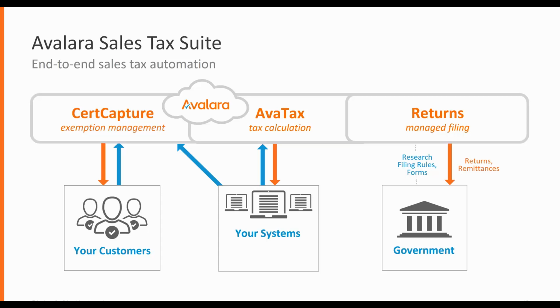Basically, where is the product coming from? Where is it going to? Do I have a resale certificate on file? Is it a tax holiday? Is this product even taxable in general? It'll ping up to the cloud, bring all that information back in less than a second, basically real time, and make sure that you're charging the exact correct amount of sales tax every time.